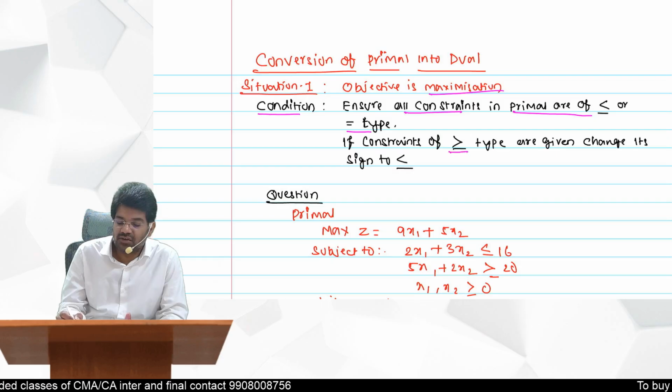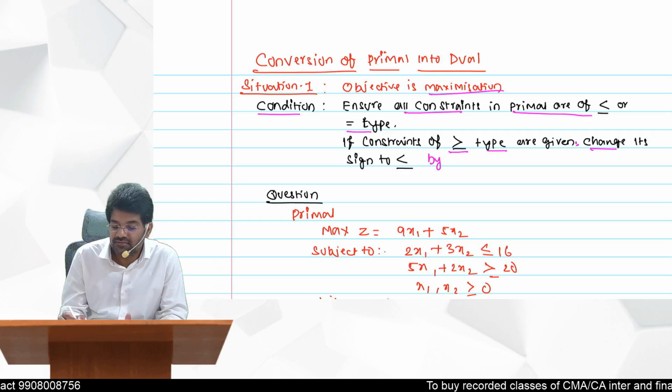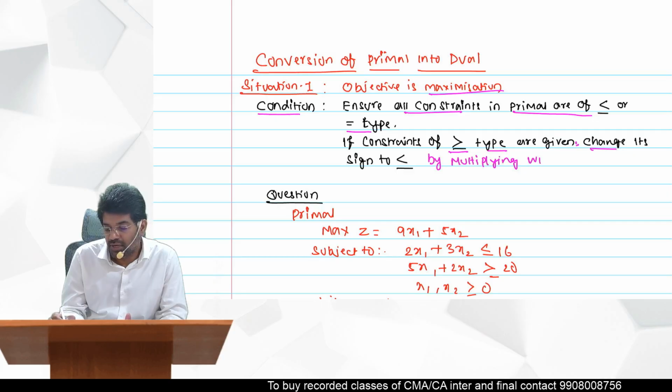If constraints of greater than or equal to type are given, then change the sign to less than or equal to by multiplying with -1 on both sides.